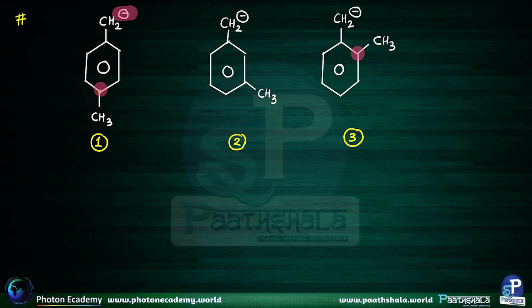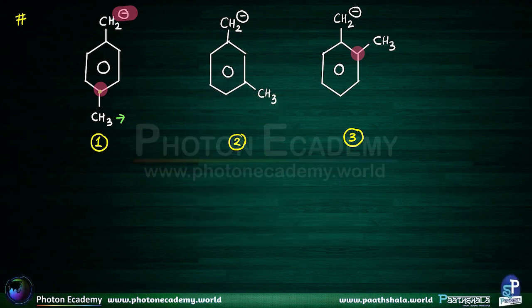Since CH3 is a group which donates electrons, of course it is going to show a plus M effect. So I'm going to say that this first one will have a plus M effect. The second one will not, because the CH3 is at meta position, but the third one again has the CH3 at ortho position, so it again shows a plus M effect.